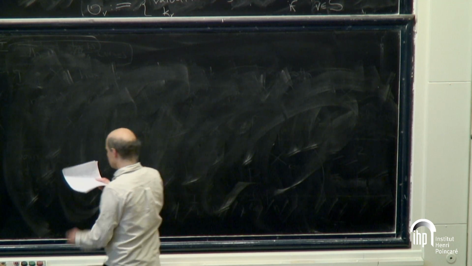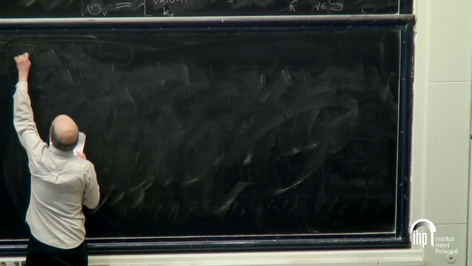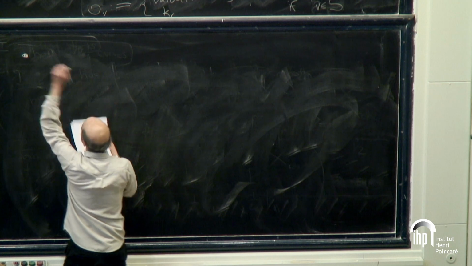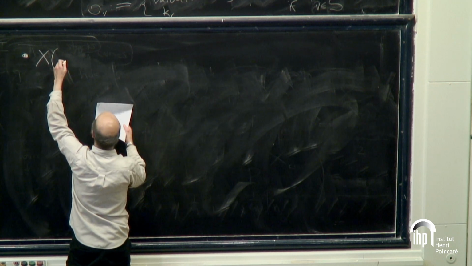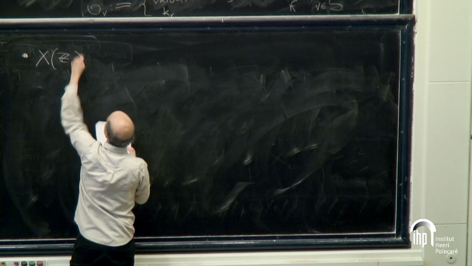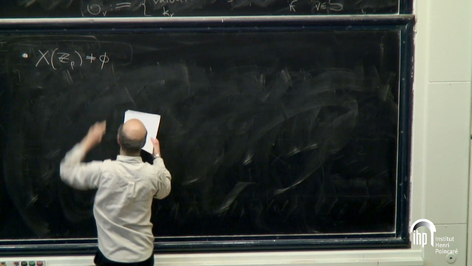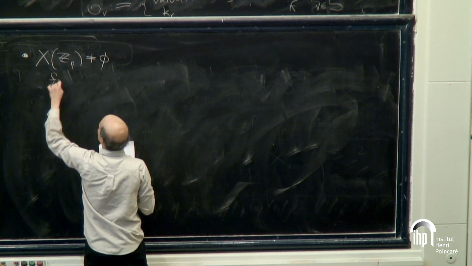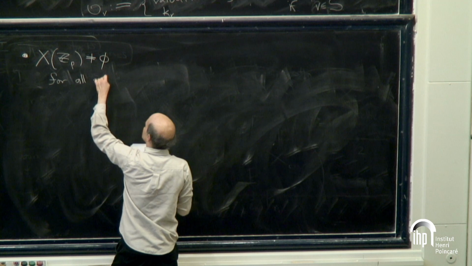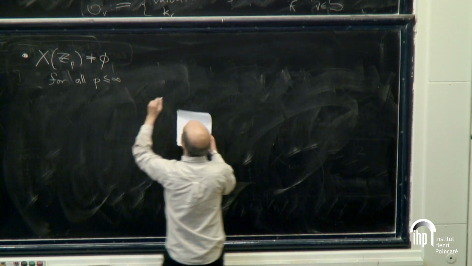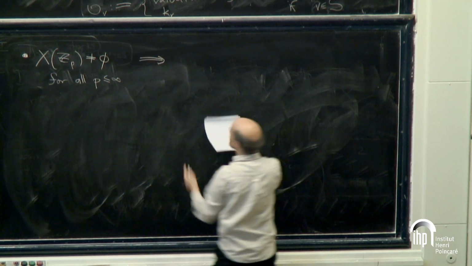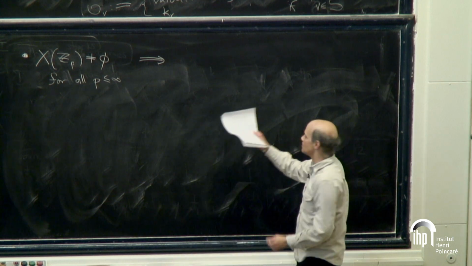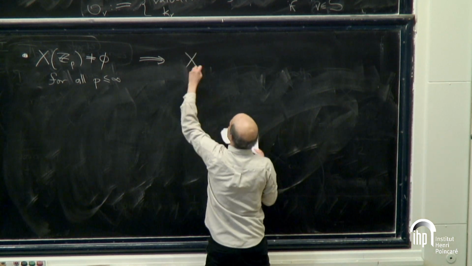Okay, so the next thing, I want to use the fact that this stacky curve has Z_p points for every prime p. So this holds for all primes p, including infinity, so there's a real point as well. There's a morphism from X to the coarse space, this genus 0 curve.